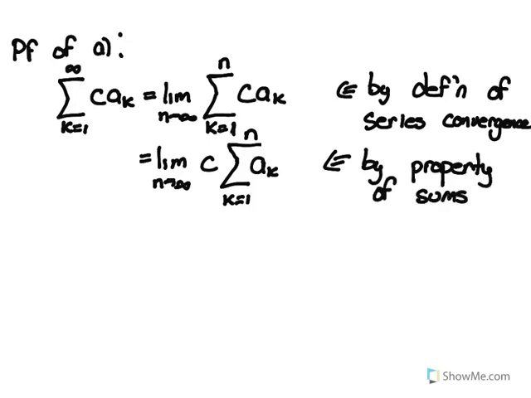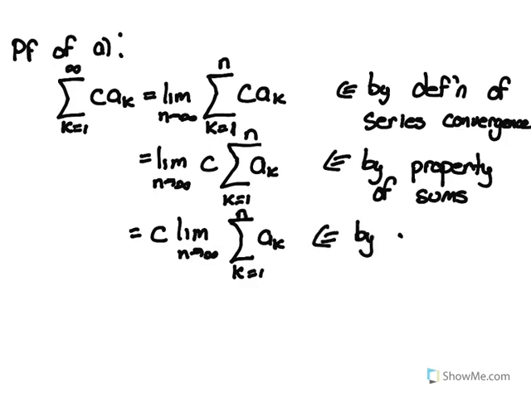And we know that limits commute with constant multiples. So this is equal to c times the limit as n goes to infinity of the sum of a_k, by property of limits.